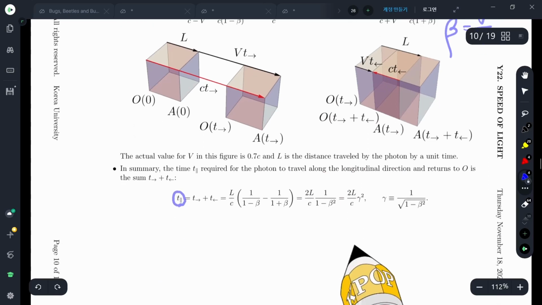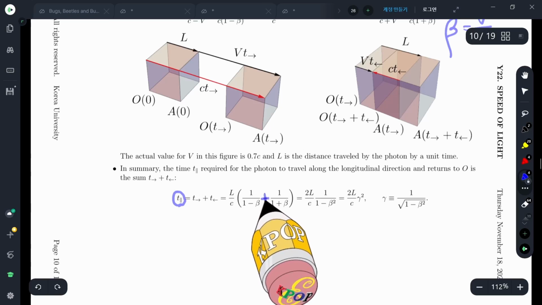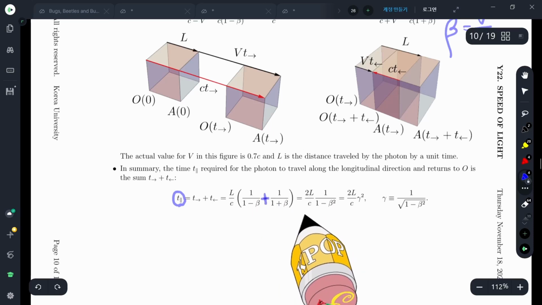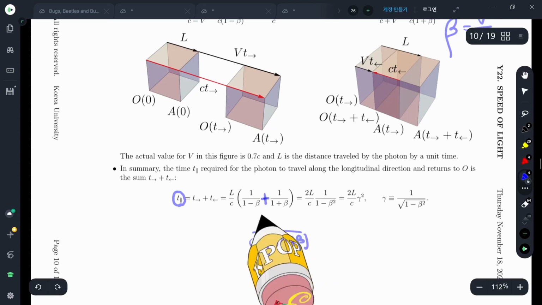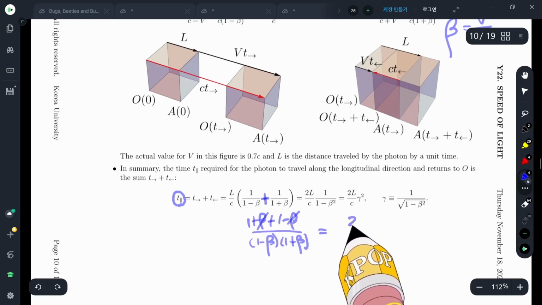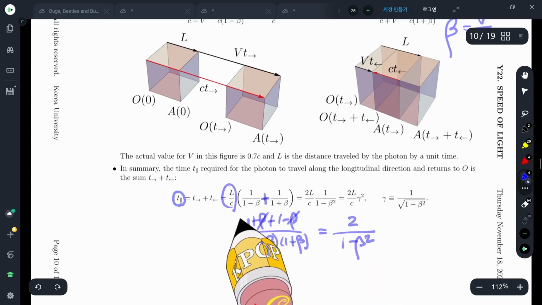If we add these two, then we can compute the total time of travel for the longitudinal light. Here we have another mistake. It is a positive sign. We need to add these two times, and the sum of these will be, the beta cancels, 2 over 1 minus beta squared. The overall factor is L over c.